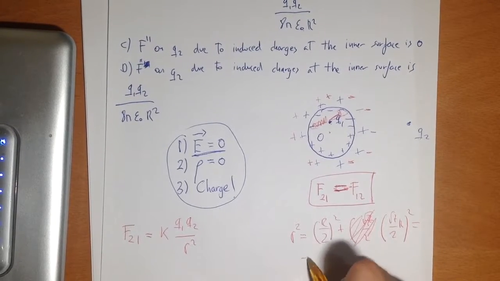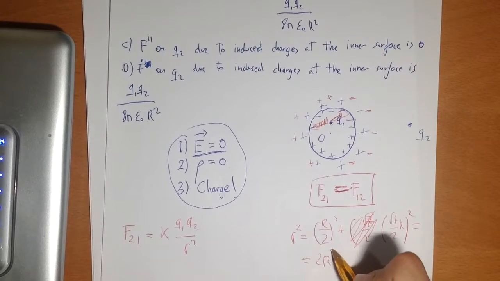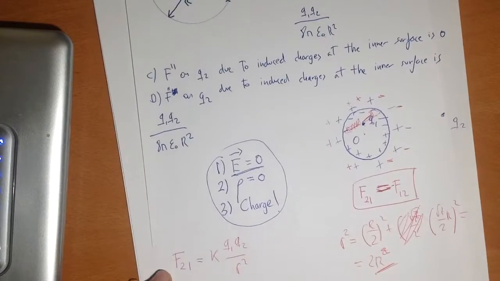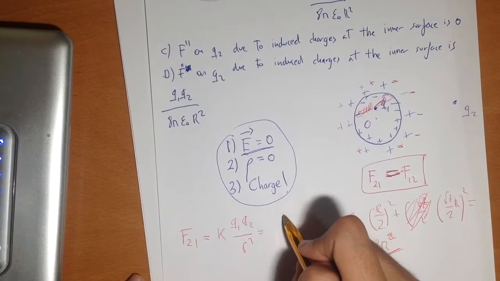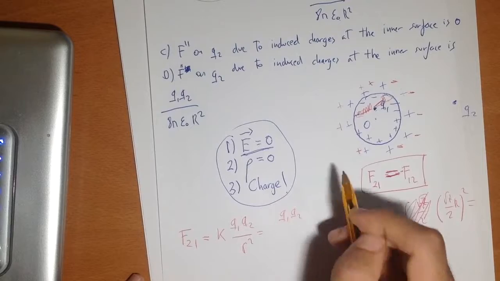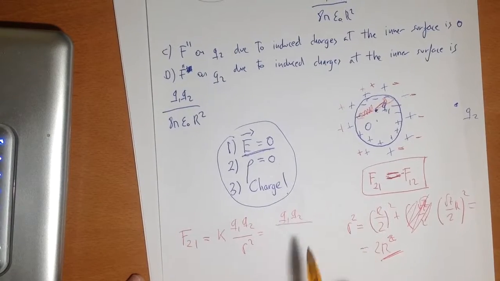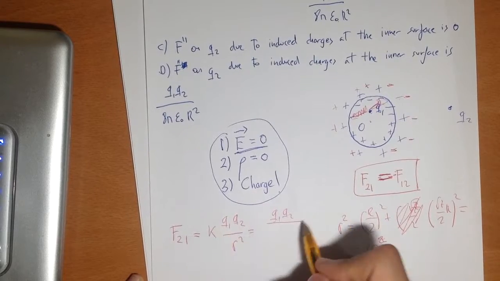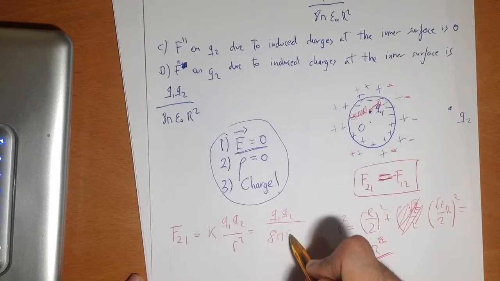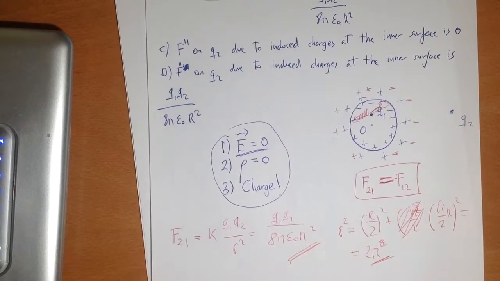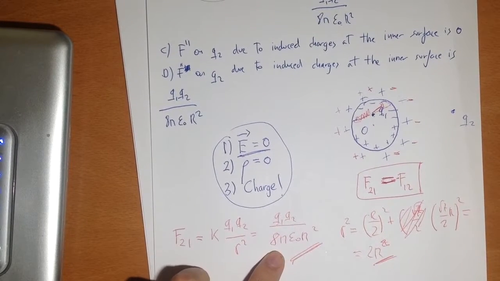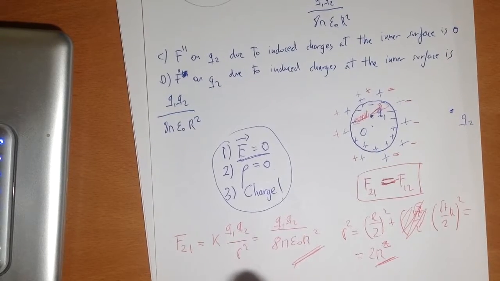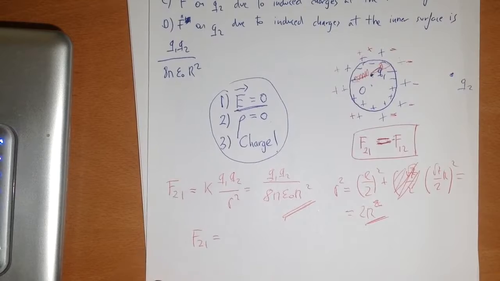And this is equal to 2r squared, if I'm not mistaken. So now we know that the attractive force will equal K Q1 Q2 over that distance squared. You know the K, okay. Yeah, that's correct. So we have the attractive force.